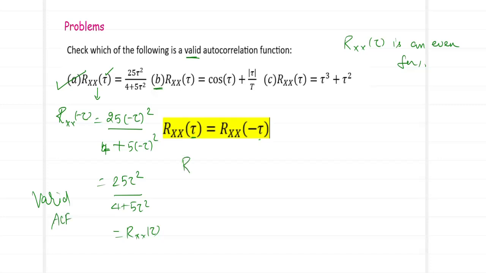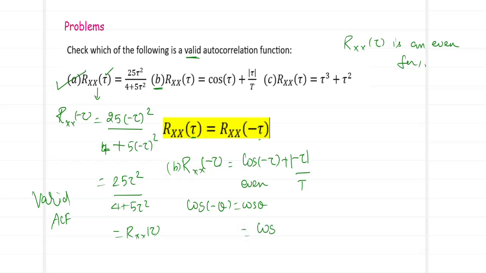We will check the same thing for the second one. I am replacing the Rxx of tau by Rxx of minus tau. So I have cos of minus tau plus modulus of minus tau divided by t. Cos is an even function. What do you mean by an even function? You know that cos of minus theta is equal to cos theta. So cos of minus tau will again be equal to cos tau. And what is modulus?